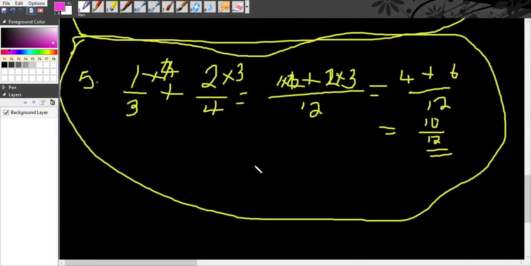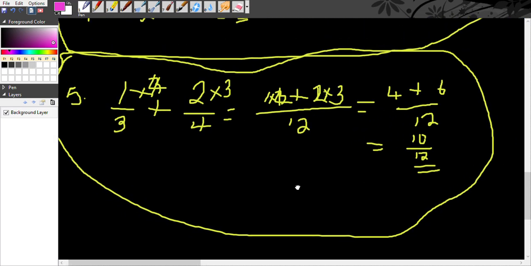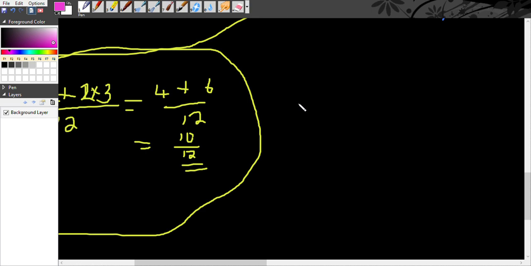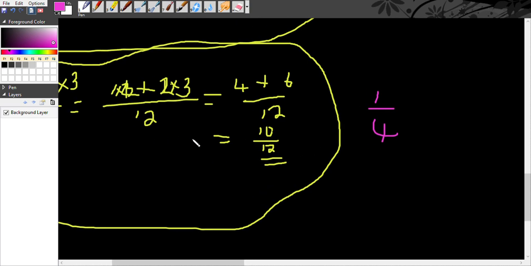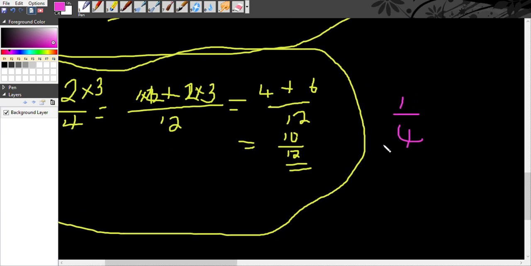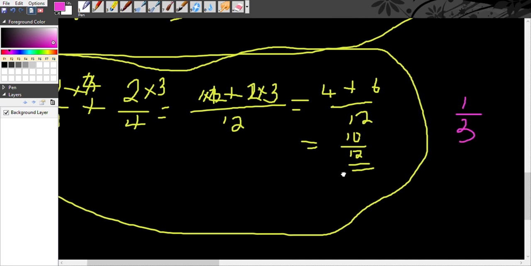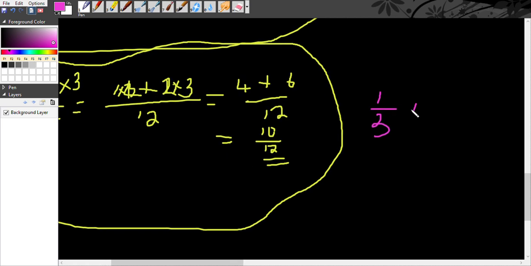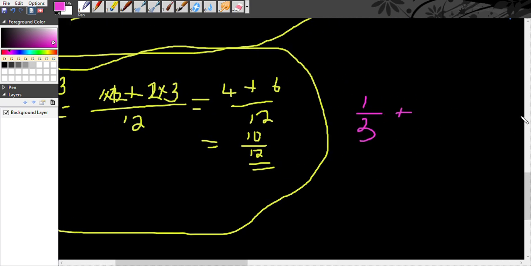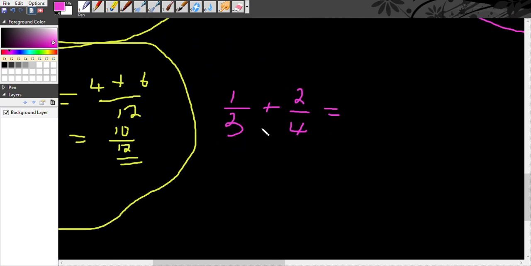And for the last one, adding also some story. So let's just do it quickly. 1 over 3, to be precise, 1 over 3 plus 2 over 4. So not equal denominators. So for the product, the lowest common multiple, multiply 3 by 4 gives us 12.